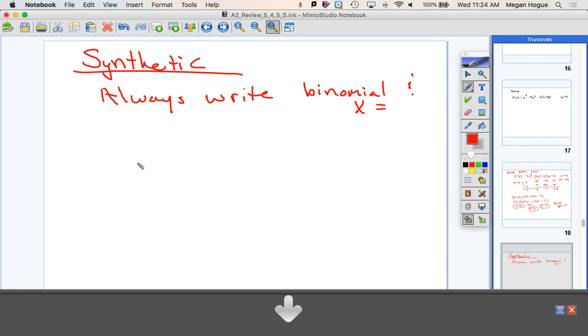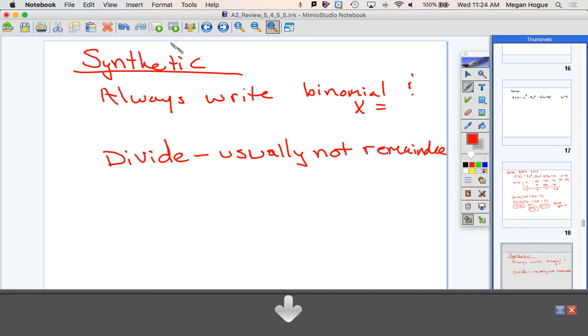So you should always have that. And then when you divide, I think we put this yesterday, it's usually not a remainder of 0.